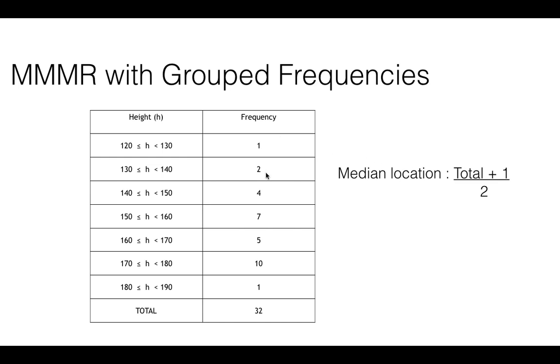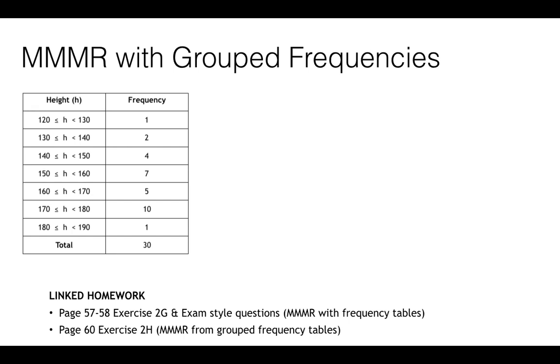I've got 1, 2, 3, 4, 5, 6, 7, 14 in here. So my 16.5th student must be in this class here. Okay, so in this case, the median class, or the median height, is between 160 and 170 centimetres.